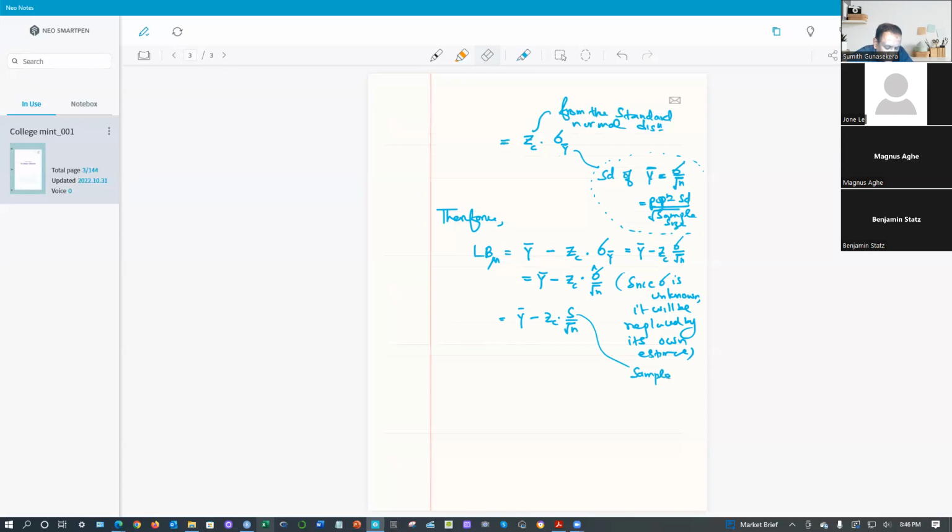Can I use the sample standard deviation instead of the population standard deviation? Yes. Here, the mu. Similarly, the upper bound of mu you can write in a similar fashion: y bar plus Z_C S over square root of n.